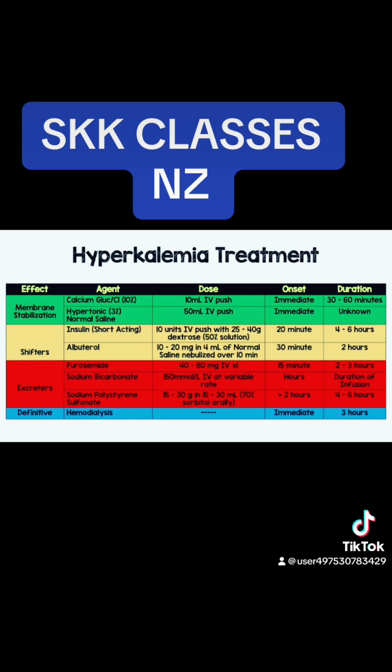F refers to failure of kidney, R refers to rhabdomyolysis, A refers to Addison disease, M refers to metabolic acidosis, E refers to excess administration of potassium, and S refers to spironolactone. So these are the main causes which cause hyperkalemia.